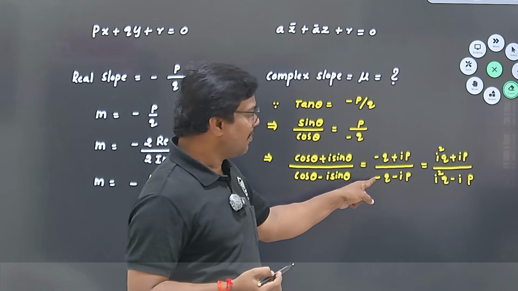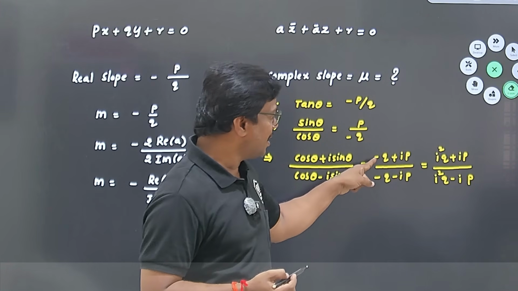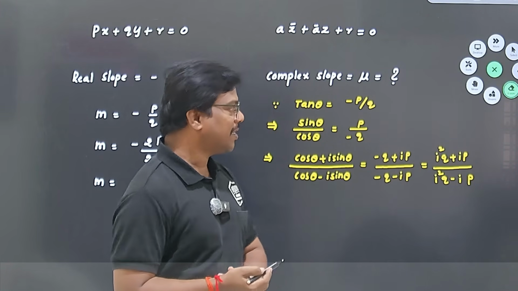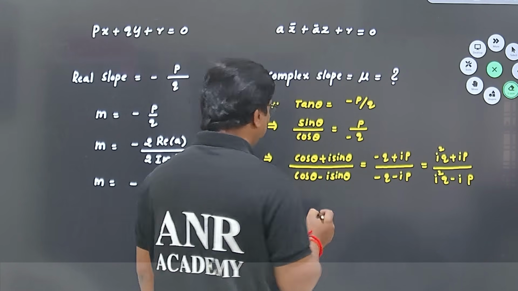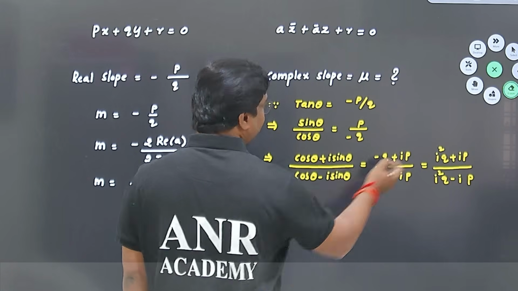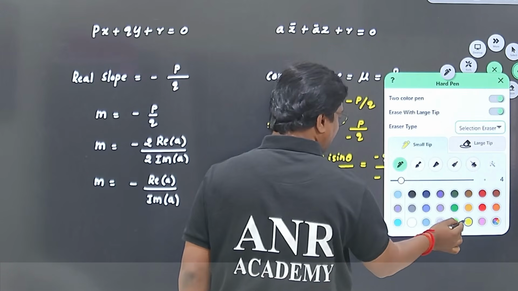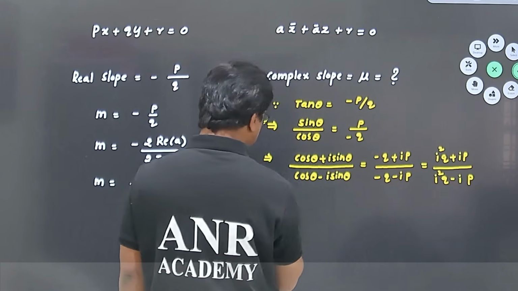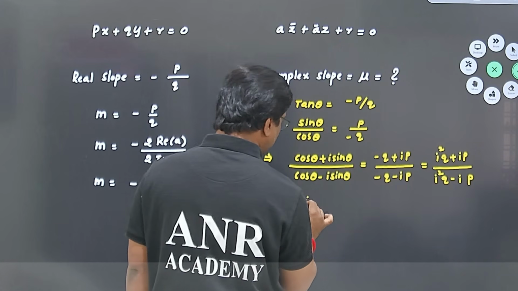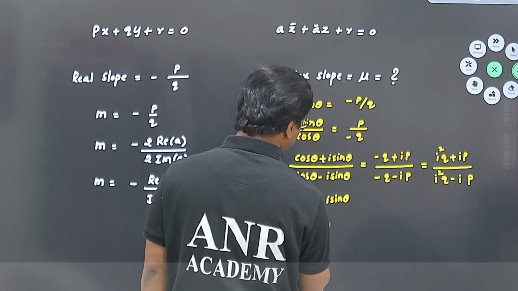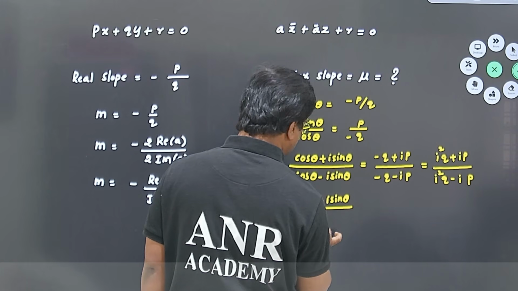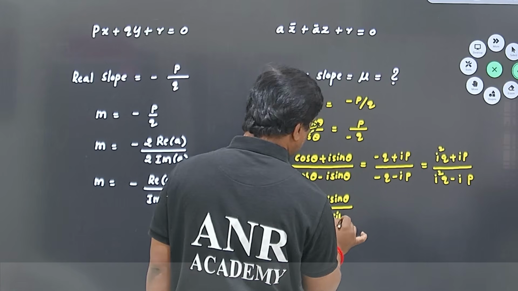Only this negative unity is iota whole square, and this negative unity is iota whole square. If you take i common, then what happens, observe. In the next step I can write this as cos theta plus i sin theta divided by cos theta minus i sin theta.